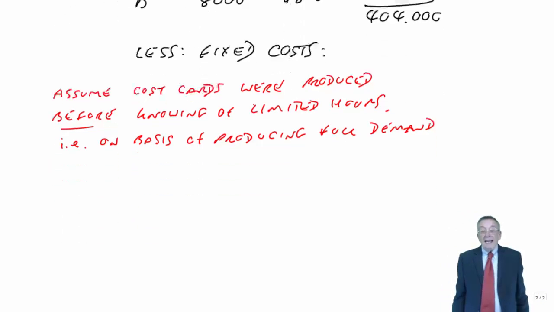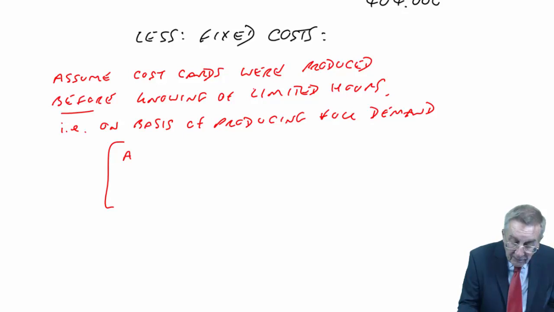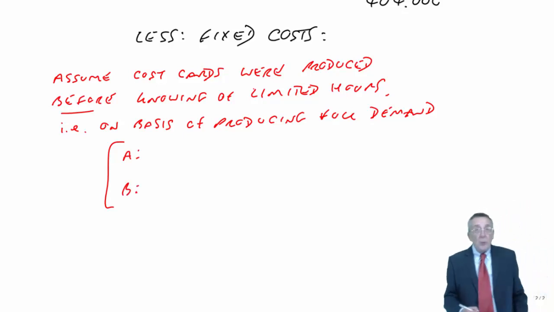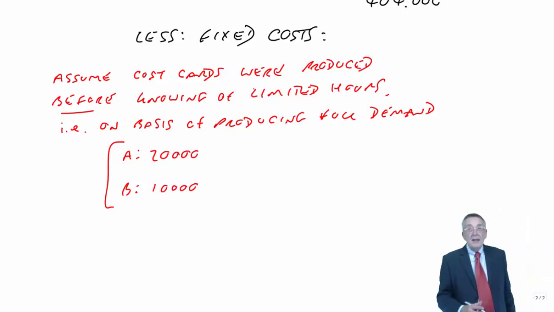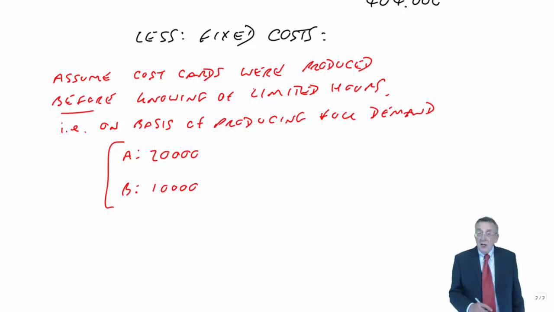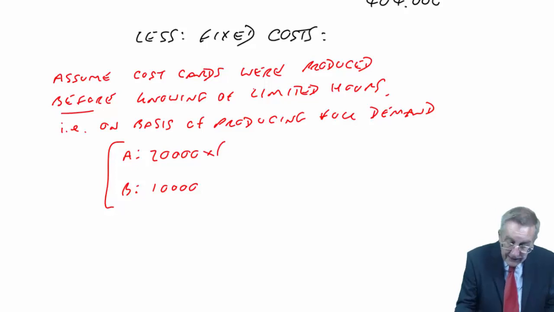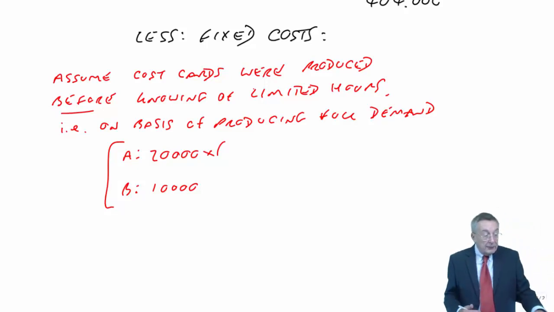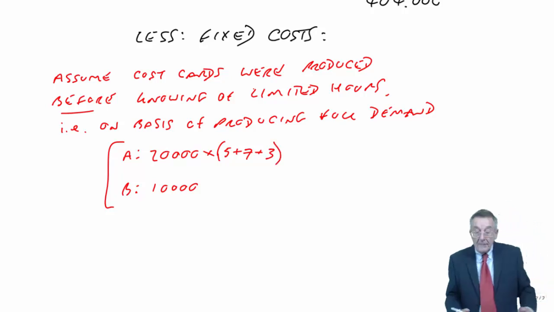And so when I did the cost cards, A and B, we thought we were going to produce 20,000 A's and 10,000 B's. We thought the fixed costs per unit for A, remember, everything's fixed apart from materials, so we thought the fixed costs per unit were going to be, there's 5 for labour, 7 for other variable, 3 for genuine fixed.